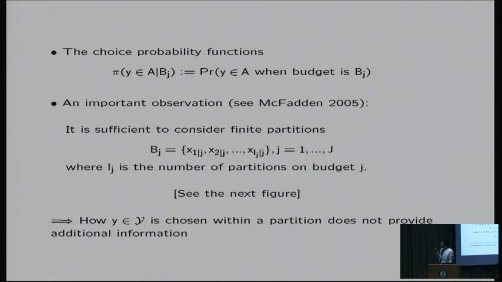And one observation that is simple but quite effective: up to this point, I didn't say what the choice set for individuals is. In particular, in the applications we have in mind, choice is a continuous variable.